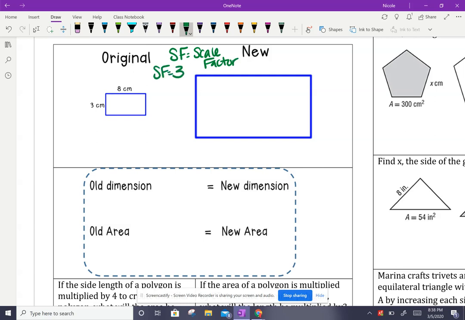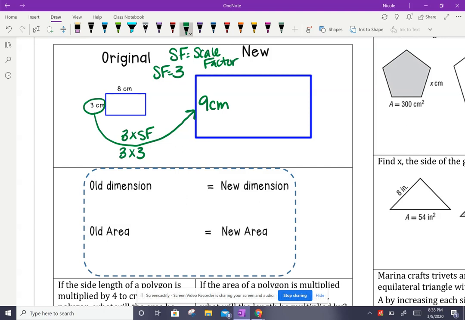So scale factor is equal to 3. I'm going to take all of my side lengths and multiply them by 3. So take 3 centimeters, and in order to find this side length, I'm going to take 3 times scale factor. So that's saying 3 times 3. So this side length is now 9 centimeters.